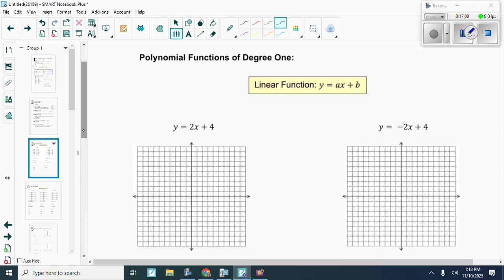We have to get to know our functions and what the numbers mean and what they do. If we have a positive leading coefficient, that would be the 2, that means something.